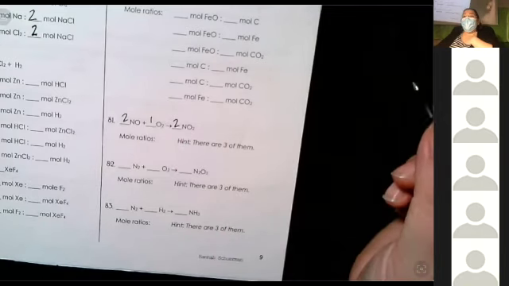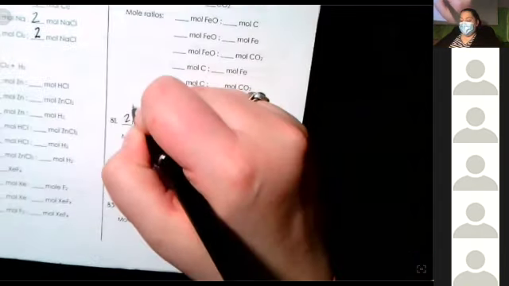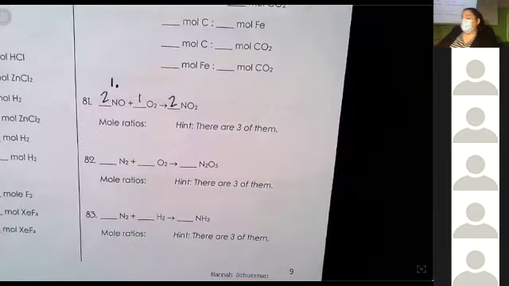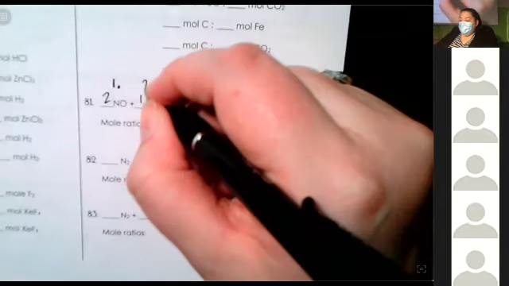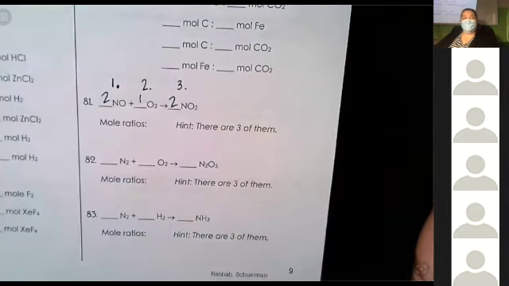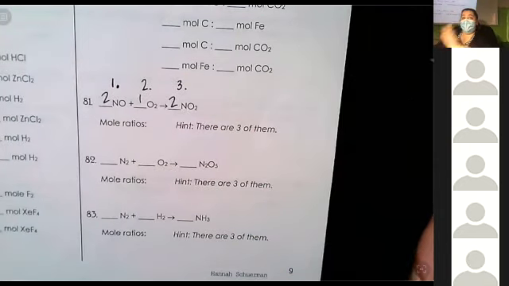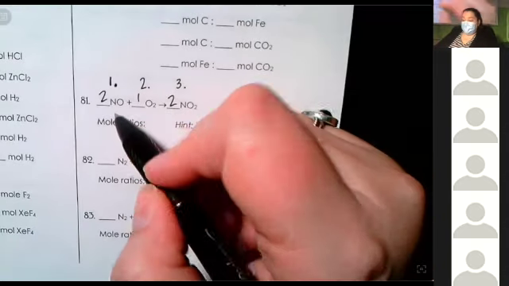All that matters is that all of your parts are compared to each other. So what I like to do is I start with number 1, and I compare it to 2 and then compare it to 3. Then I'll compare 2 and 3 so that I've compared all of them. Okay, so the first mole ratio, I'm going to start with number 1.